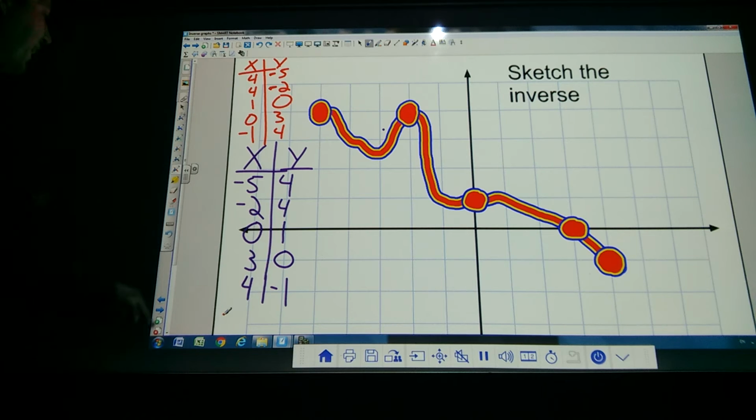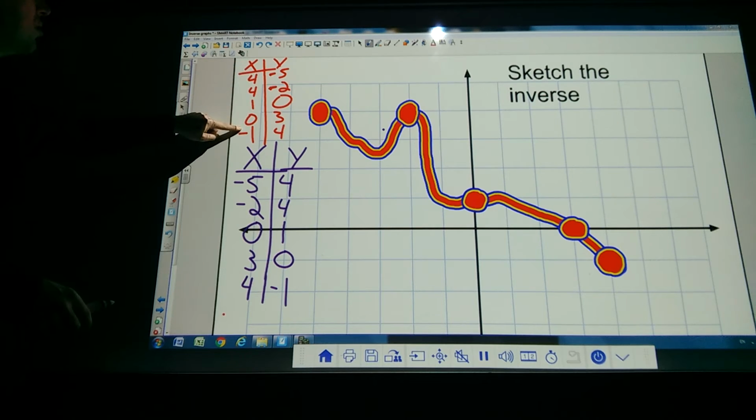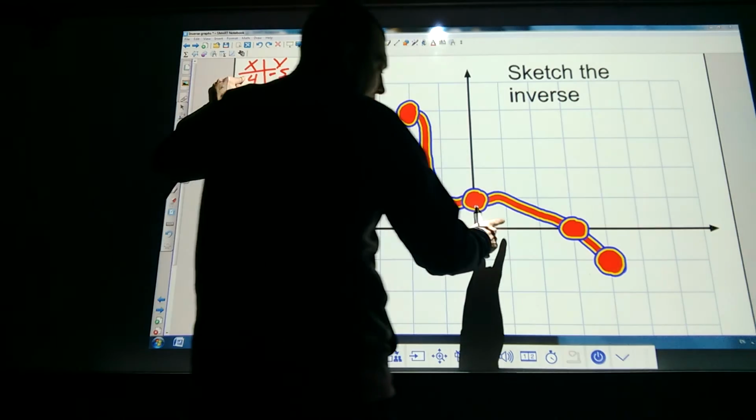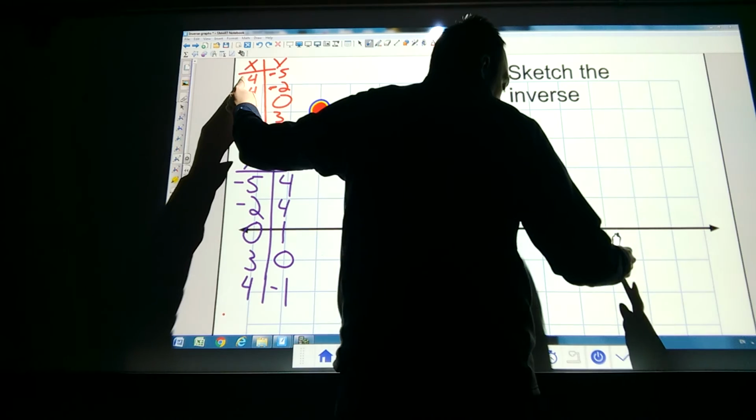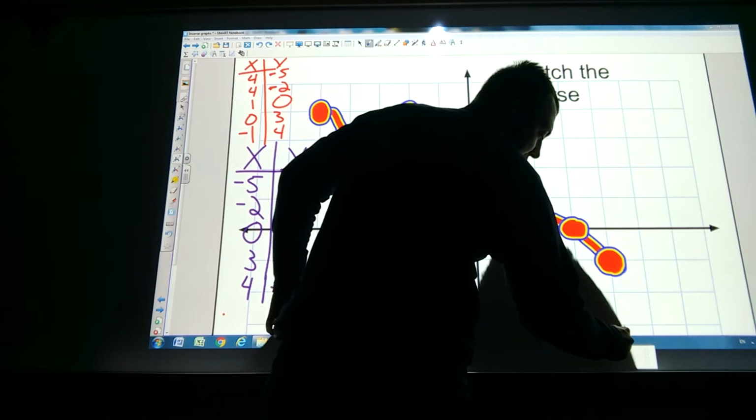And now all you got to do is graph these points, plot these points. So 4, -5, 1, 2, 3, 4, 1, 2, 3, 4, 5. It's down here somewhere.